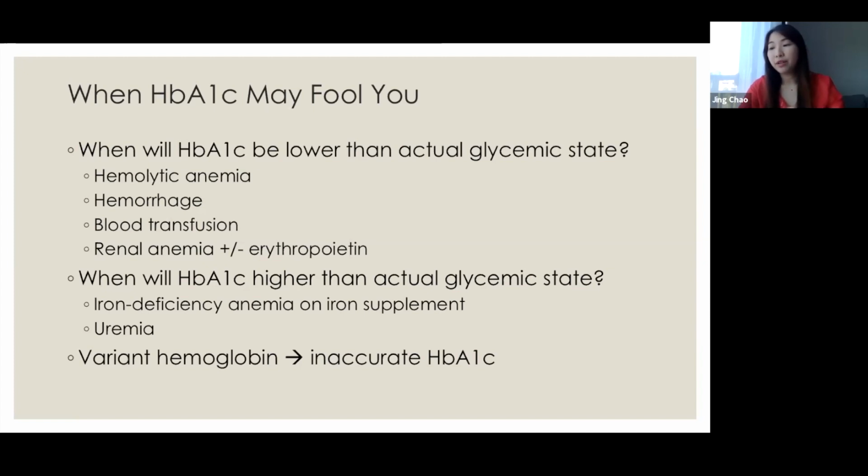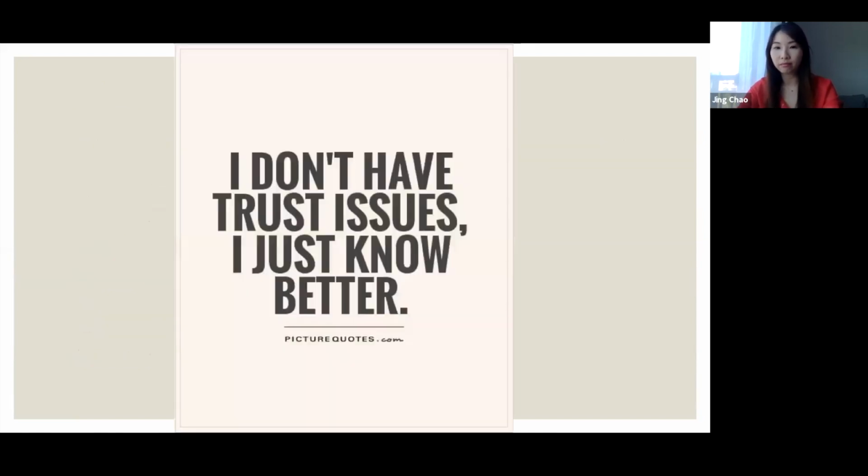Another example is uremia. You should also watch out for variant hemoglobinopathy, which leads to inaccurate A1C in both directions. An example of that is sickle cell anemia. All right, so it's not just our trust issues, but we know how to gauge the accuracy of A1C.